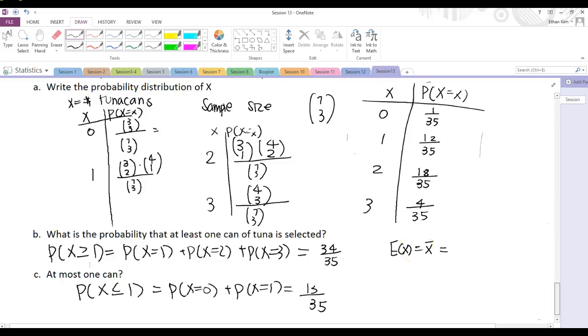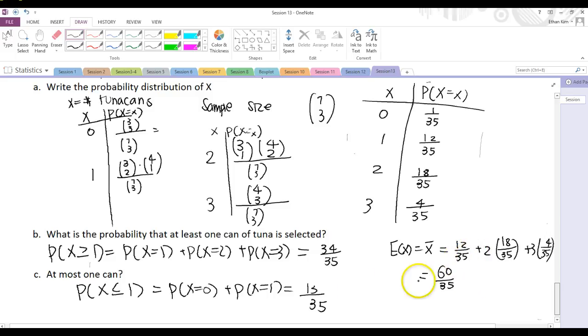Since the first one is 0, you can skip this. 1 times 12 over 35 plus 2 times 18 over 35 plus 3 times 4 over 35. And if you do the calculation, you're going to get 60 over 35. That's the expected value of random variable x, right?